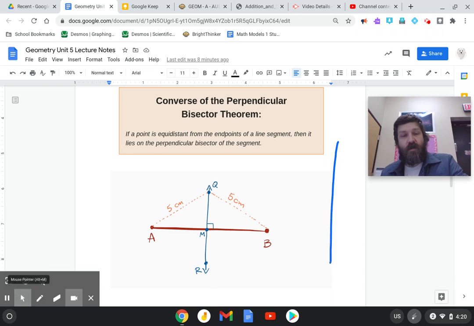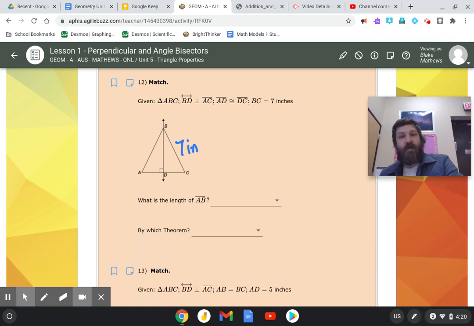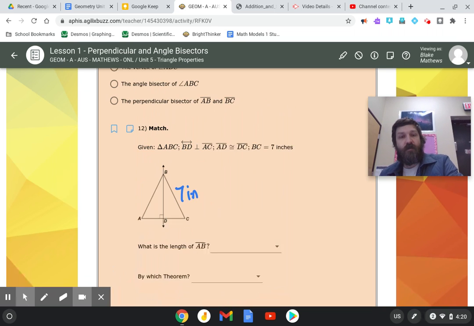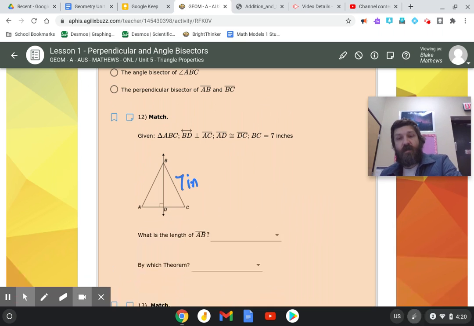The theorem says if a point lies on the perpendicular bisector of a line, then it is equidistant from the endpoints. That's true here. So if this is 7 inches, then AB would also have to be 7 inches. That's going to be our answer for this.